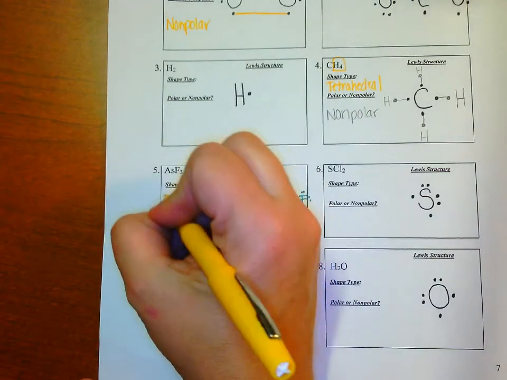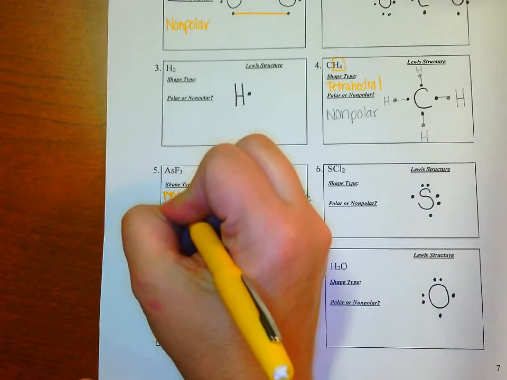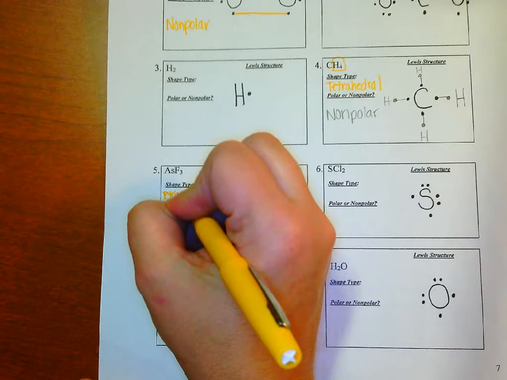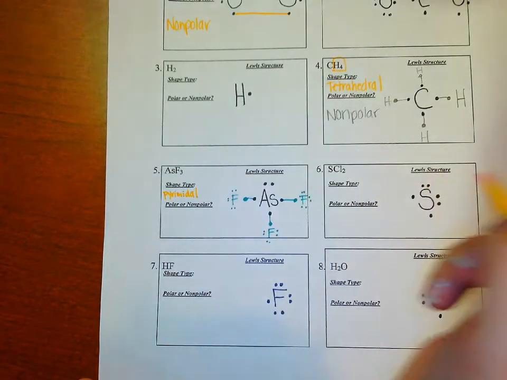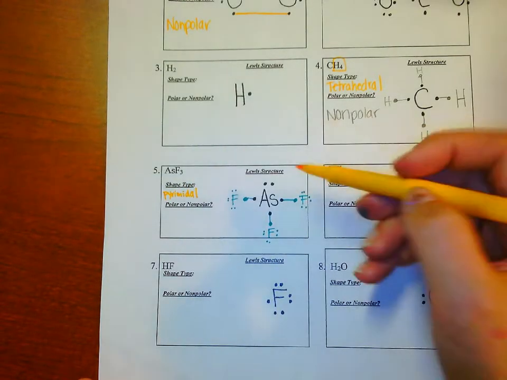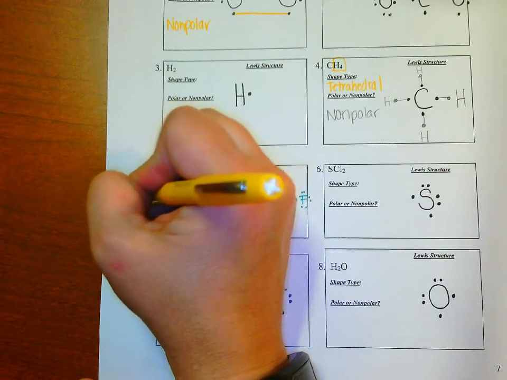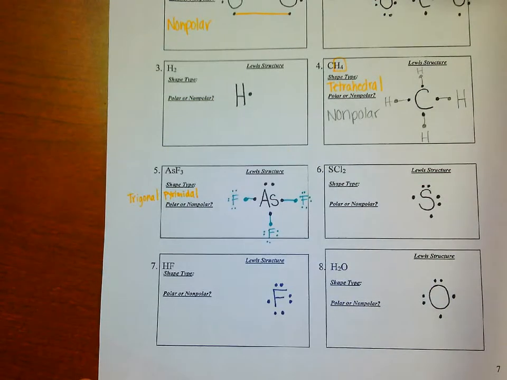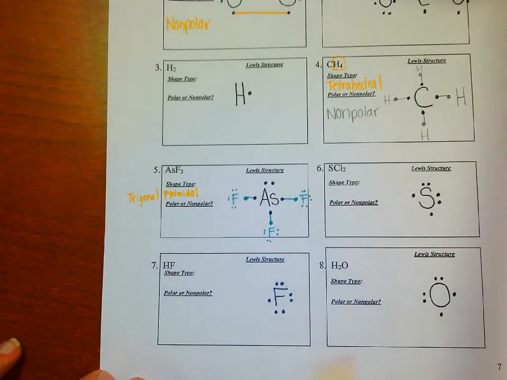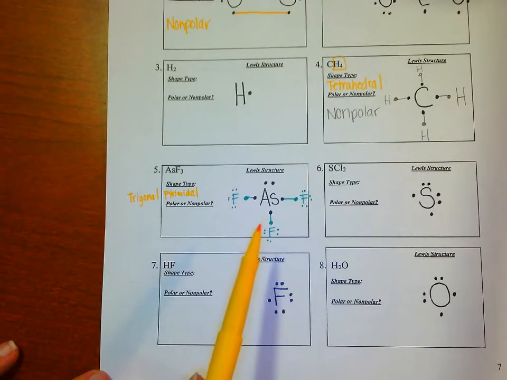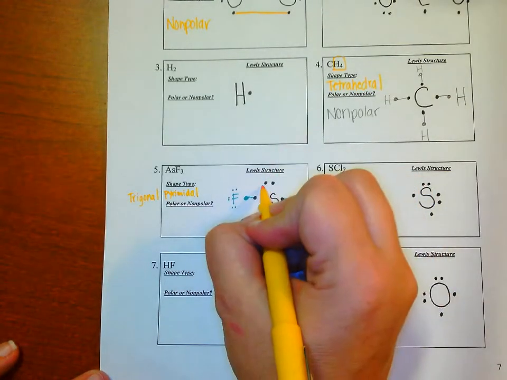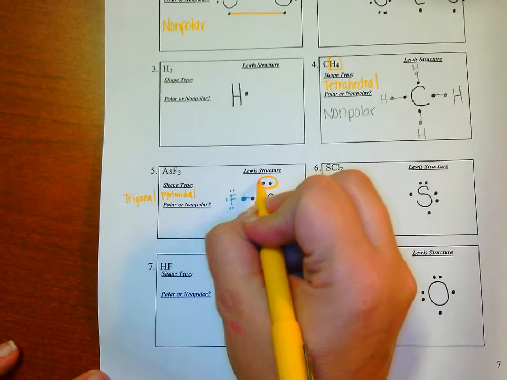This is called a pyramidal. It has 3 bonds, so we call it a trigonal pyramidal. Now this is different than a planar because, as you see, there's a lone pair on the center atom.